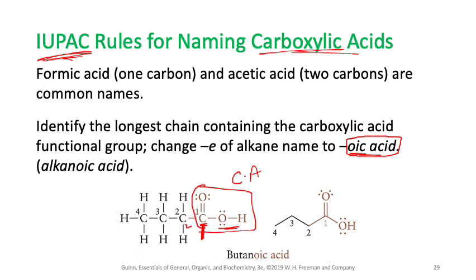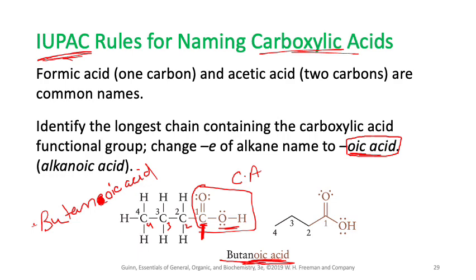So 1, 2, 3, 4. If you have 4 carbons it is butane, but this is a carboxylic acid functional group present in butane, so we remove the E, and instead of butane we put oic acid, so butanoic acid, right?